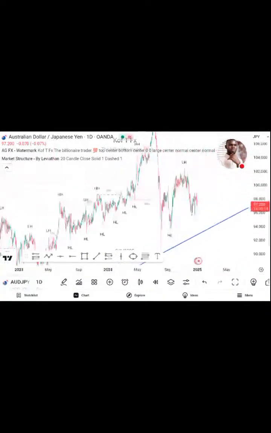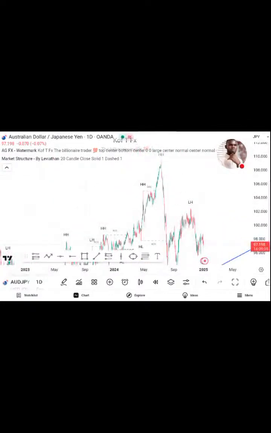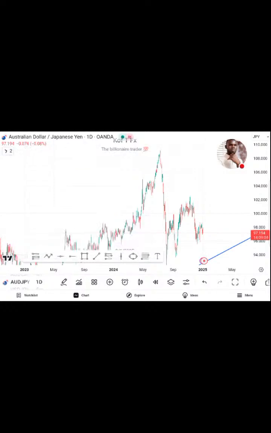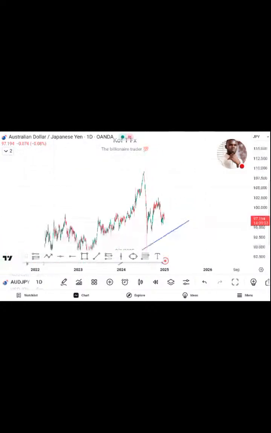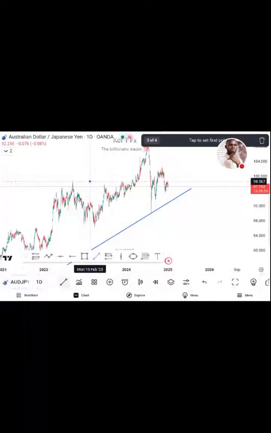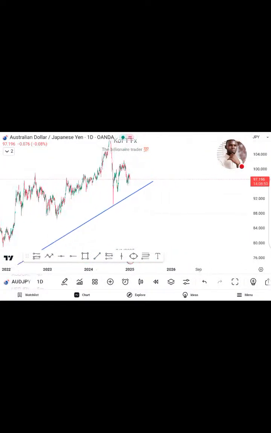So for this indicator, we have this high. Now look at this. This high was broken. There's a break of structure here.